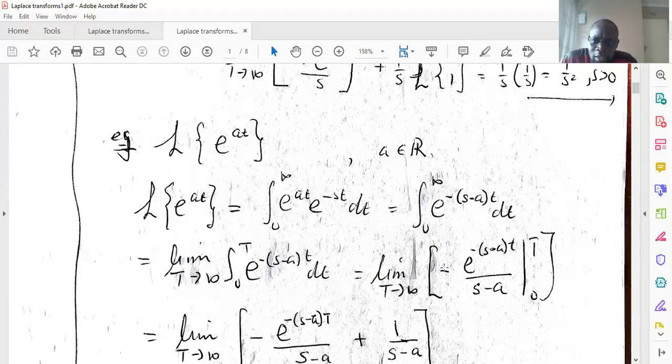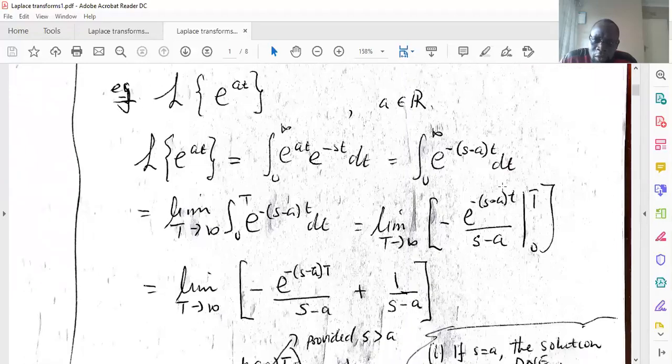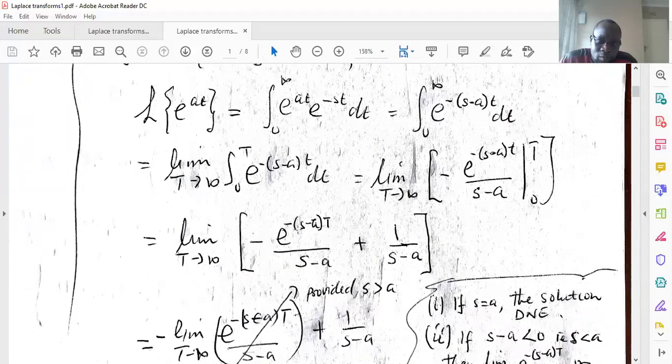And when you do the integration, you then evaluate at the endpoints t and 0, and this is what you get. Evaluated at t, you get this expression here. If you evaluate at t equals 0, then you get 1 over s minus a.